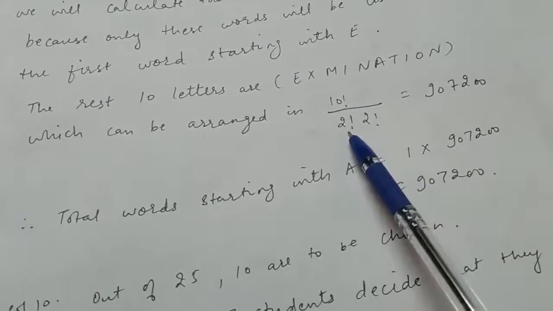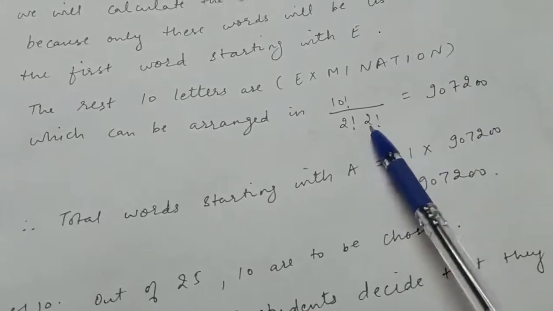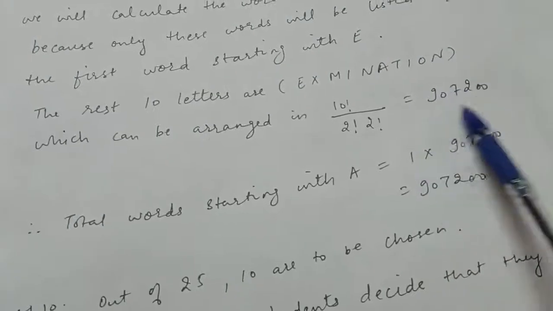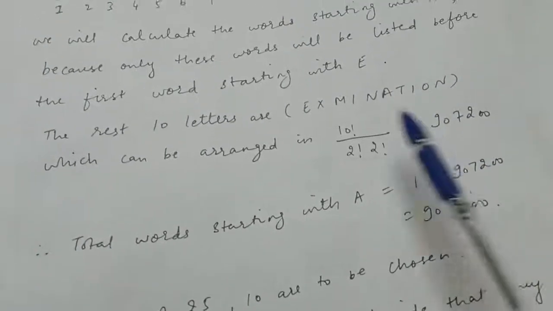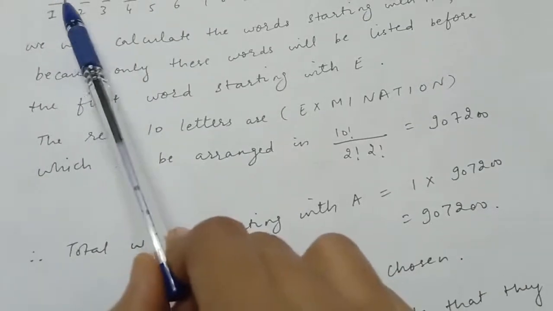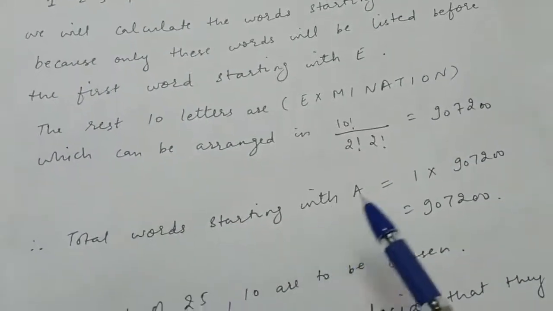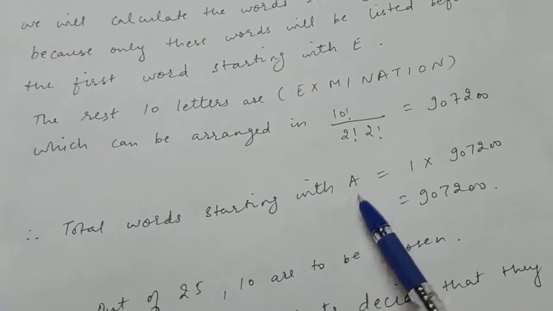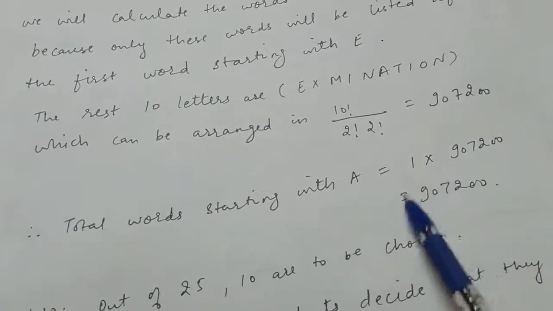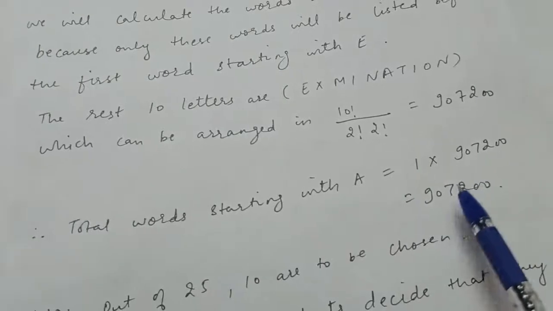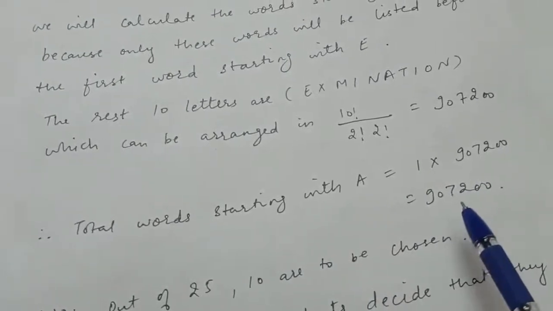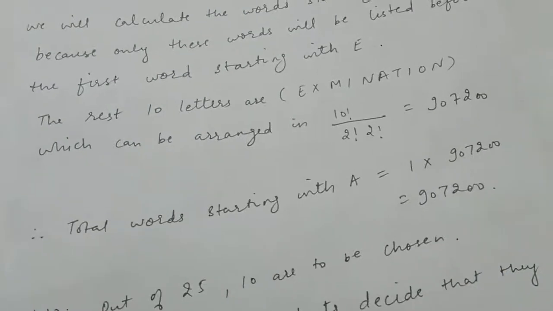So this 2 factorial is for I and this 2 factorial is for N. Right, so the remaining 10 letters can be arranged in this many ways and the first letter has only one way, because it is filled with A. So total words which will start with A are these, and these are the words only which will come in the list before the first word starting with E, right?